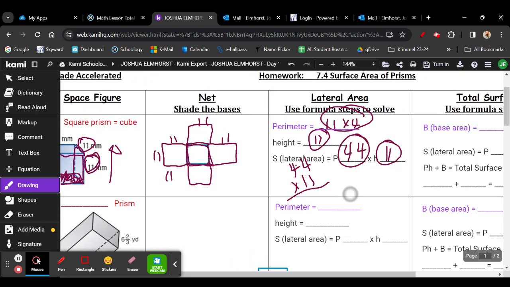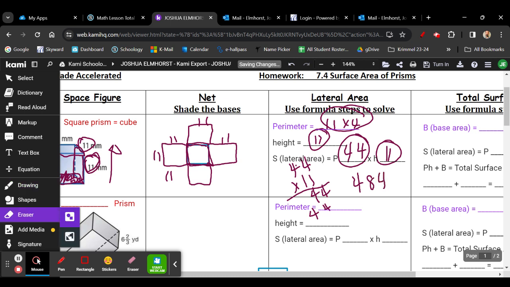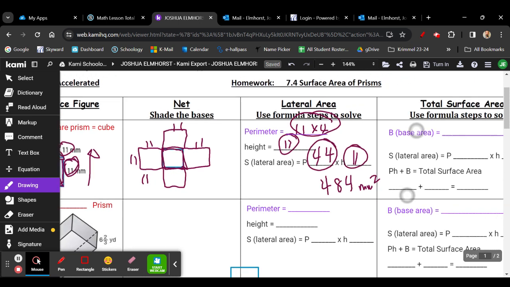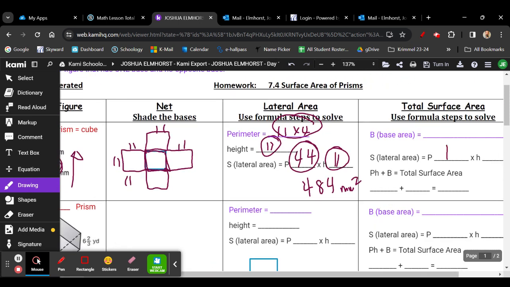We multiply that out. So we got 484. And because we multiplied two dimensions, that is going to be millimeters squared. So we have 44 is the perimeter, the height is 11, and we multiply perimeter times height, so that's 484.